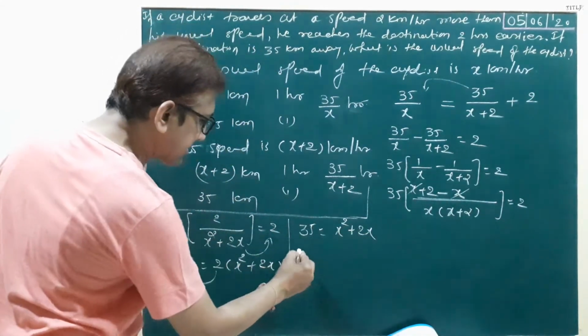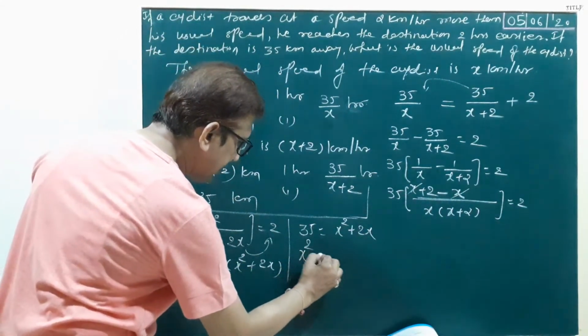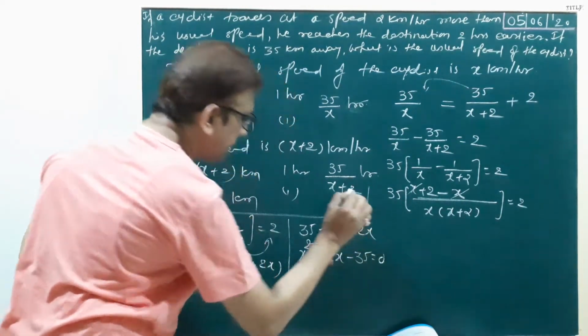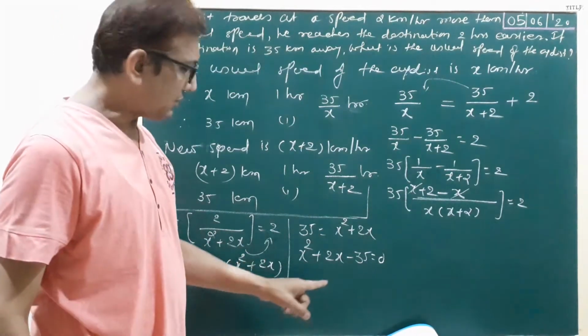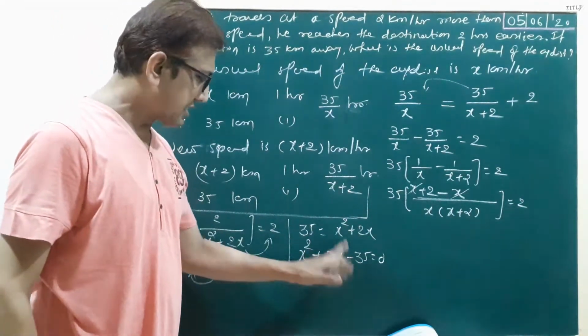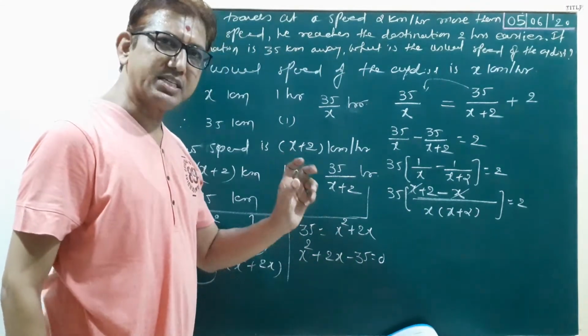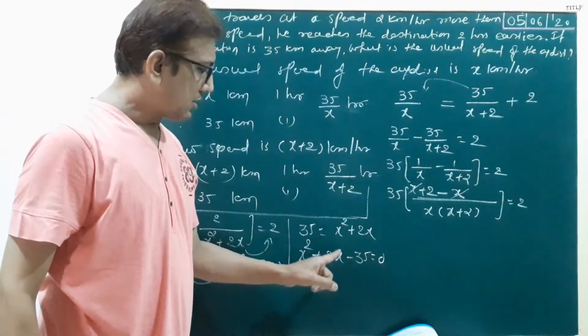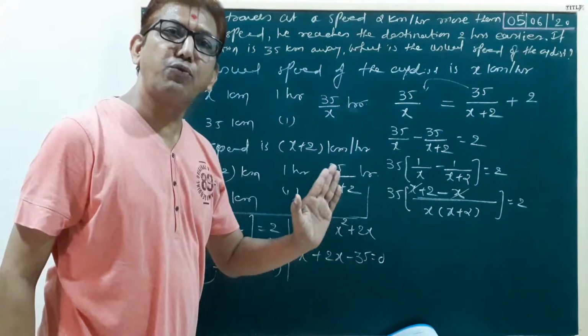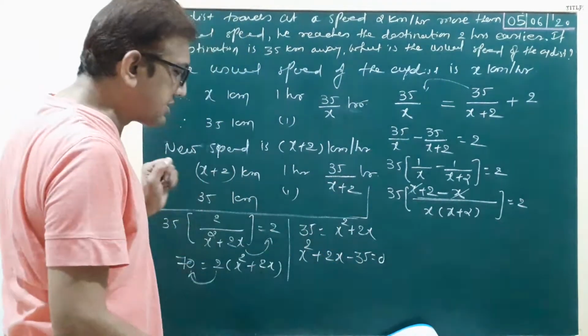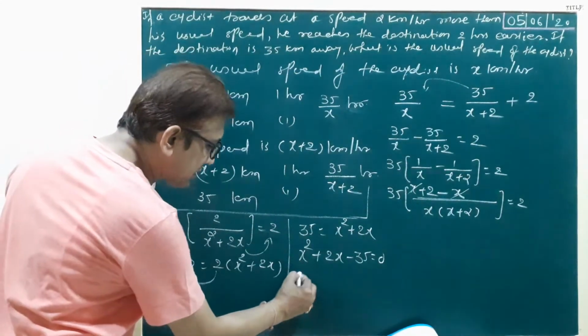Now with 35 on the right side, our quadratic equation is x square plus 2x minus 35 equals 0. Now factorize 35. The last term is negative, so we subtract the two factors. 35 is 7 fives, and 7 minus 5 is 2. 7 is the bigger, so we get a positive sign.